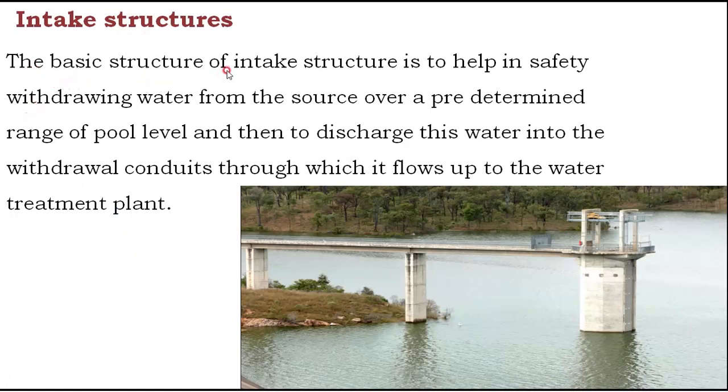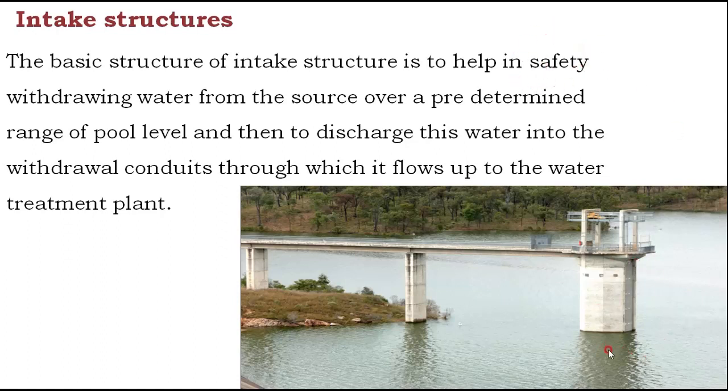Now the basic structure, the definition, reads like this. The basic function of an intake structure is to help in safely withdrawing water. Safely withdrawing water means you should not withdraw water randomly, you need to bring it very safely. What does safety mean?